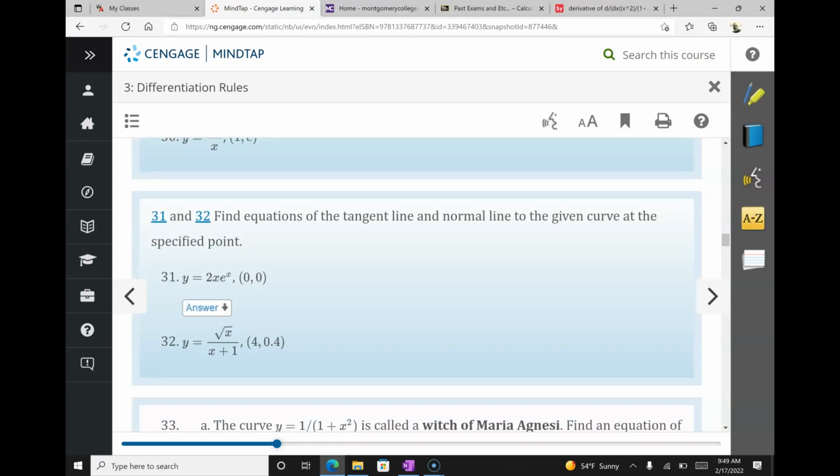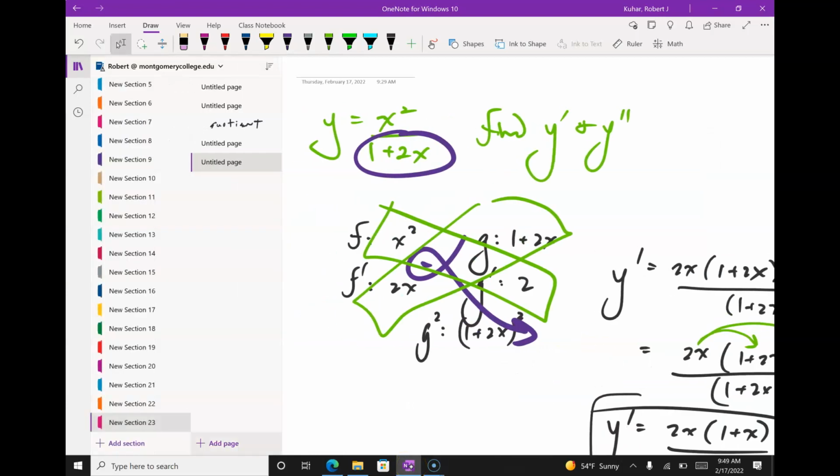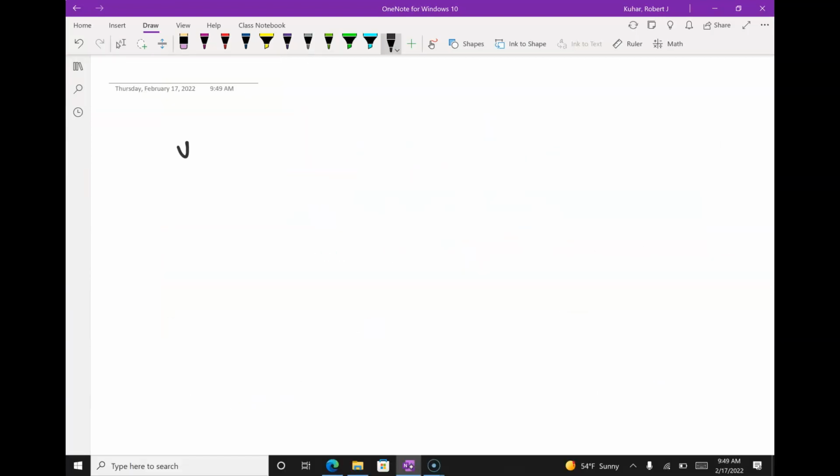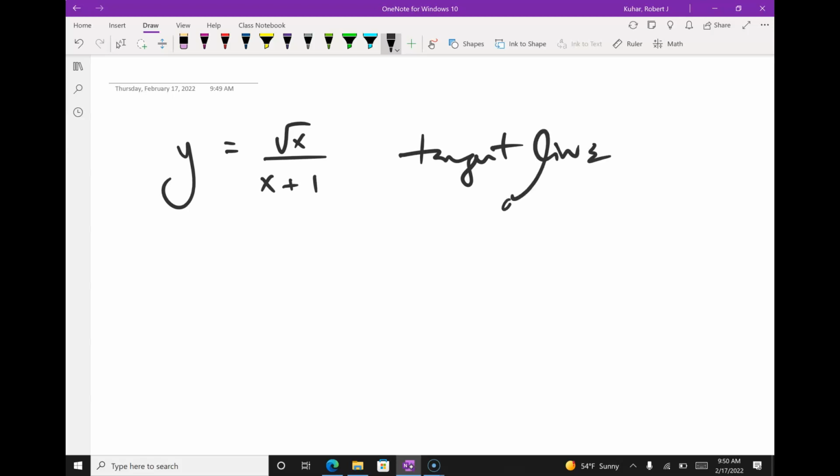Let's do 32, actually. I think it's a little bit more interesting. So 32 at the point 4 comma 2/5, right? So I want the tangent line of y equals square root of x over x plus 1, at 4 comma 2/5.